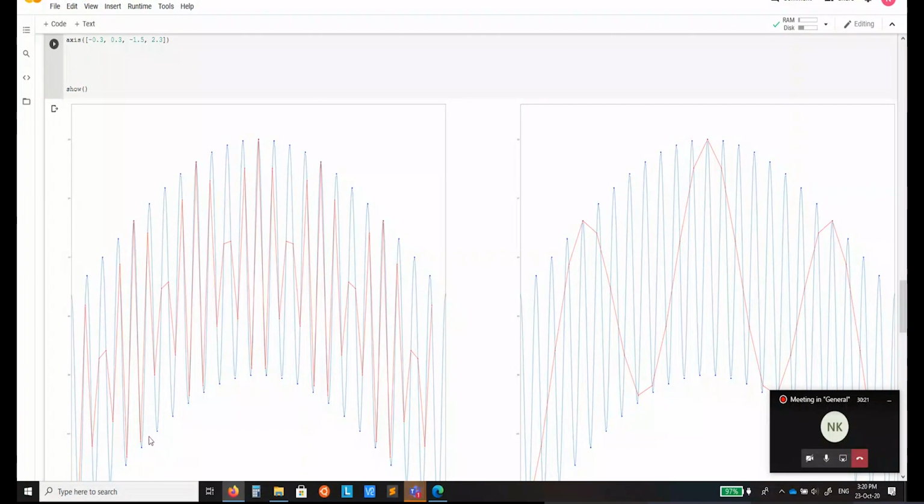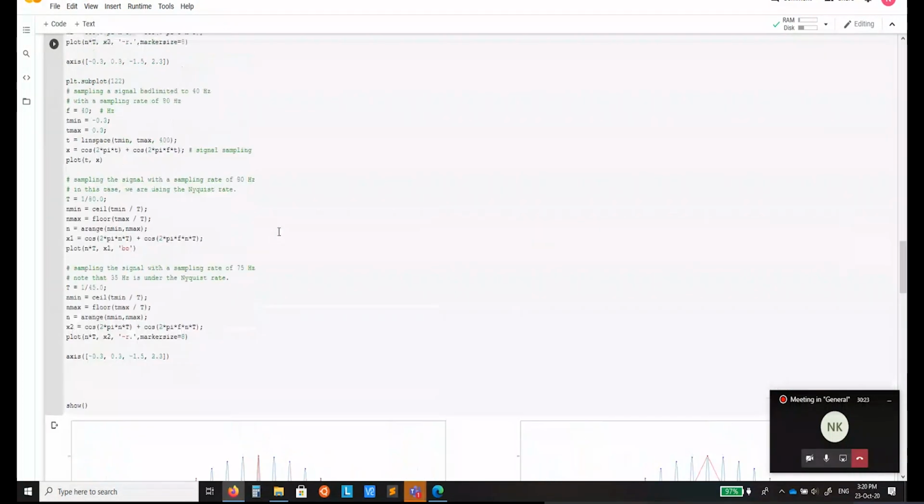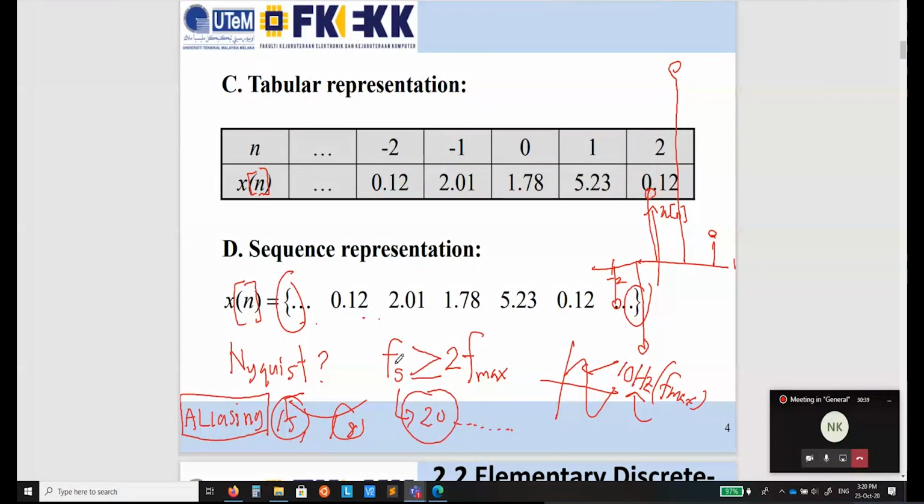Tak kan? So that's the reason why Nyquist came across that this should be 2 max at least. So that's the reason why the 40 needs to be multiplied by 2 for sampling. So we need to sample at 80, not less than that. Otherwise the aliasing effect will occur.